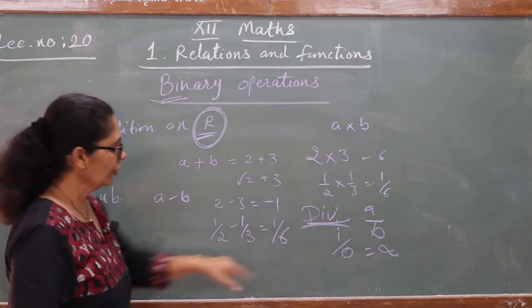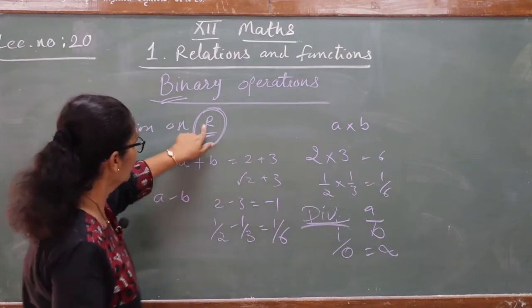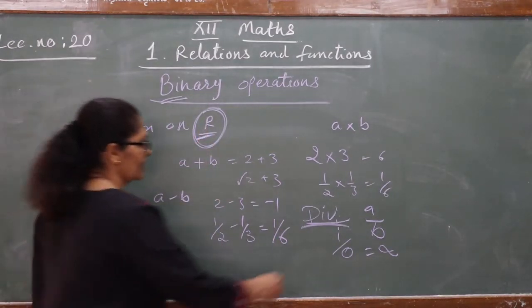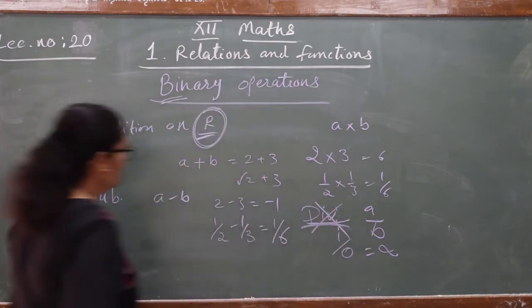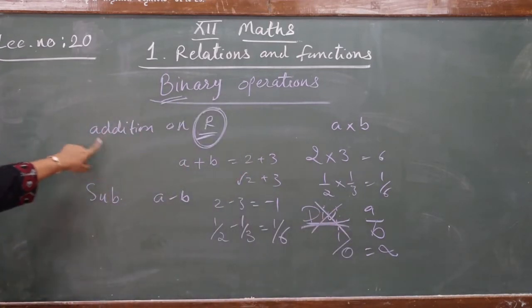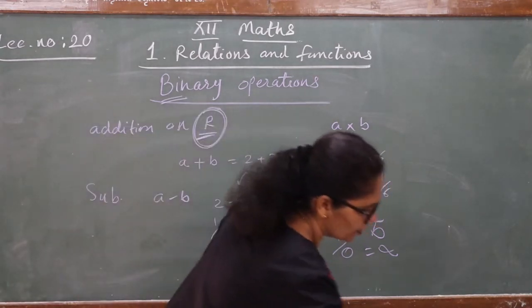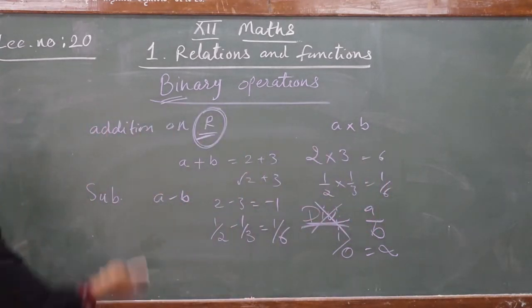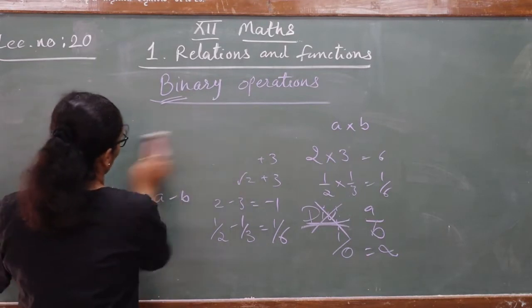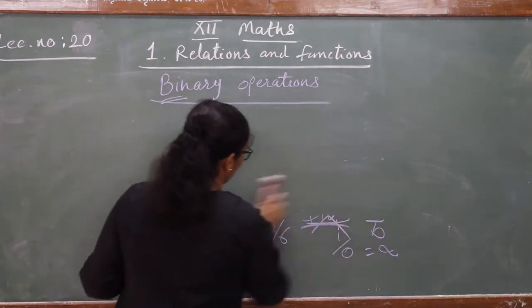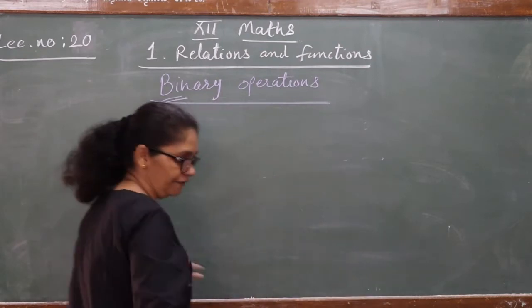Infinity. So we cannot take it, because 0 is also a real number. If we cannot consider 0, division is not a binary operation on R. So addition, subtraction and multiplication are binary operations, but not division. Why not division? Because of that 0. If we get 0 in the denominator, we get the answer as infinity.